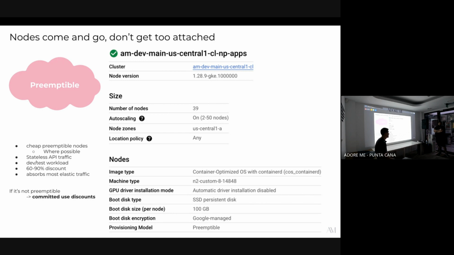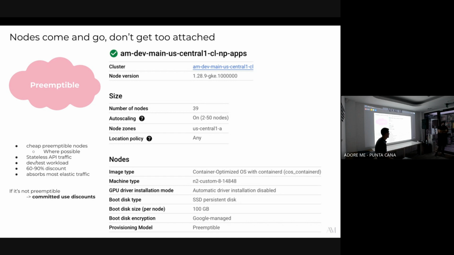And regarding the provisioning of the node pools for this API traffic, we have a pretty small baseline of regular nodes just to keep the lights on that are at full cost. So we absorb most of the traffic spikes through preemptible instances.